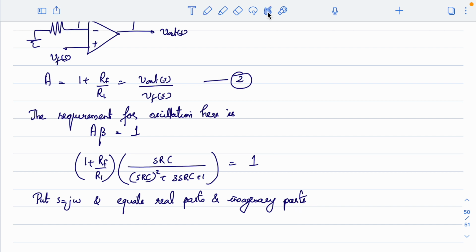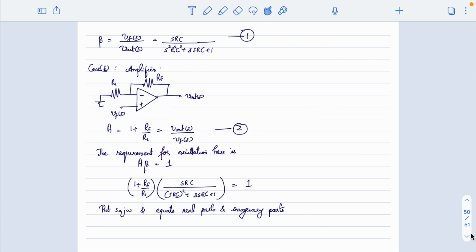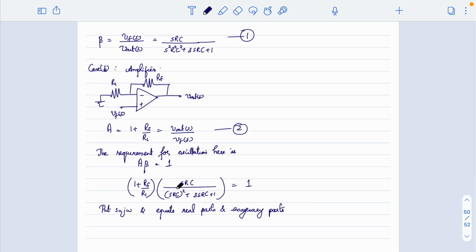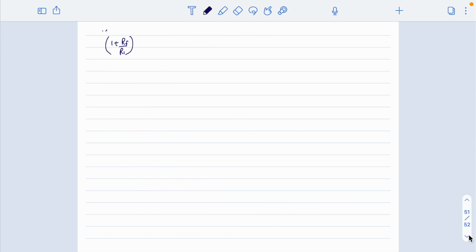So if I continue this analysis and write further, I'm just taking the same relation. It is 1 plus RF by R1 is the A part, 1 plus RF by R1 into SRC, and the rest of the things we can take to the other side.